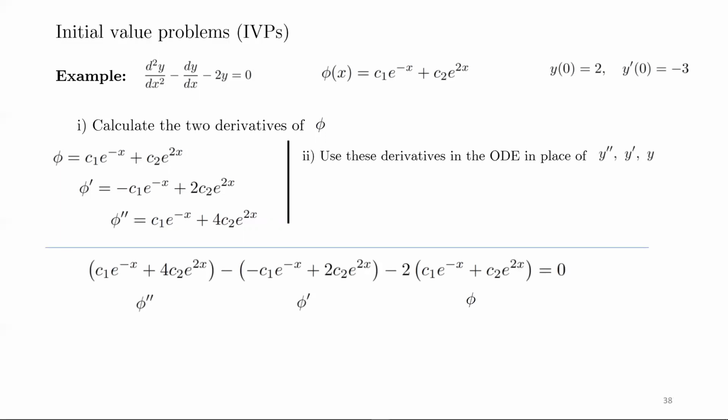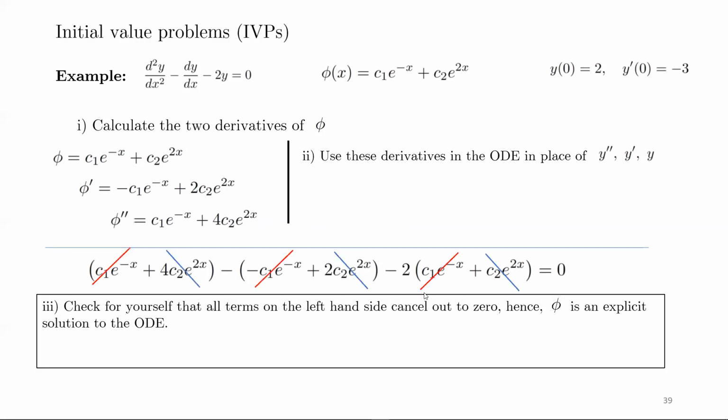If I do that, I get phi double prime is c1 e to the minus x plus 4 c2 e to the 2x. We take away dy by dx, so we take away phi prime. You can notice that this line here, phi prime, matches this line here. And then we take away 2 times y, so we take away 2 times phi here. Hopefully you can see that these things easily cancel out, and the left-hand side cancels out to be 0.